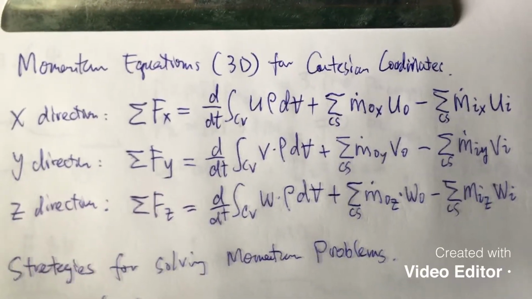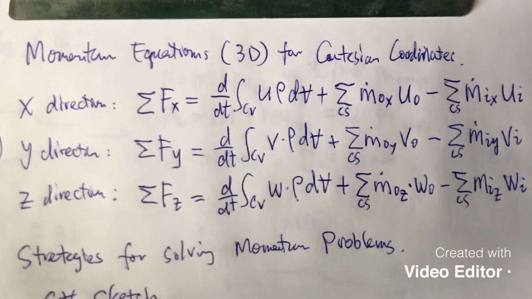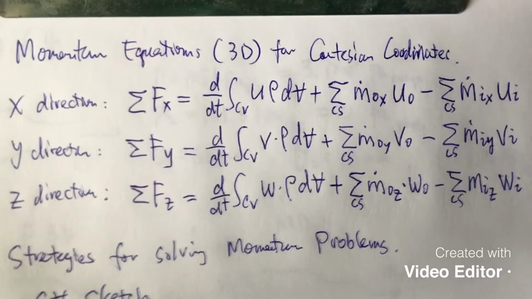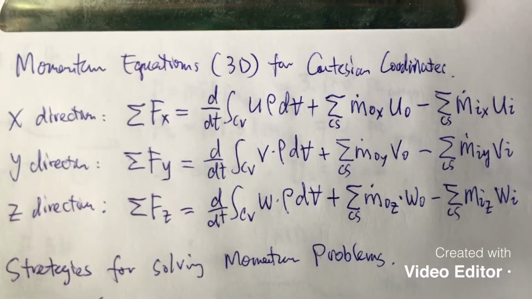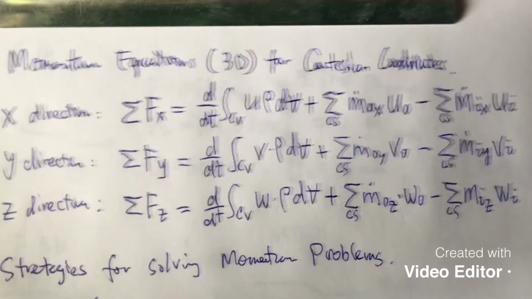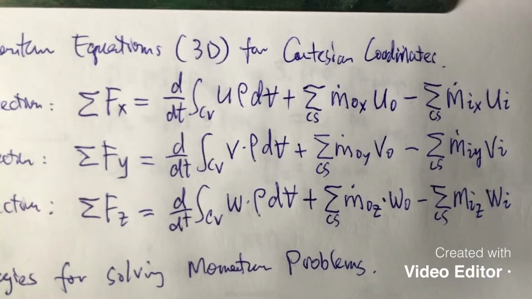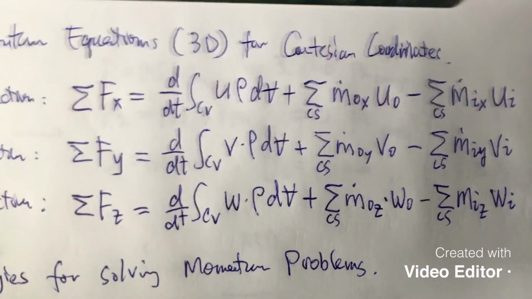You have to decompose into the components. Both force and momentum are vectors, so that's the only way to solve a vector problem, to separate into Fx, Fy, and Fz.